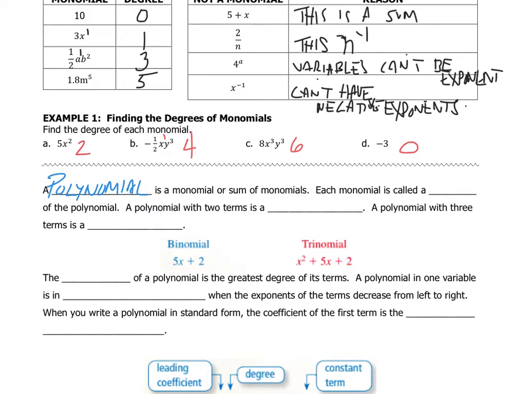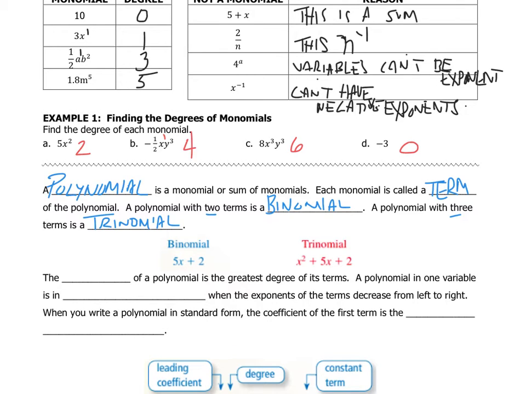So each monomial is called a term of the polynomial. A polynomial with two terms is a binomial. A polynomial with three terms is a trinomial. So hopefully we know those two prefixes, bi meaning two, tri meaning three.